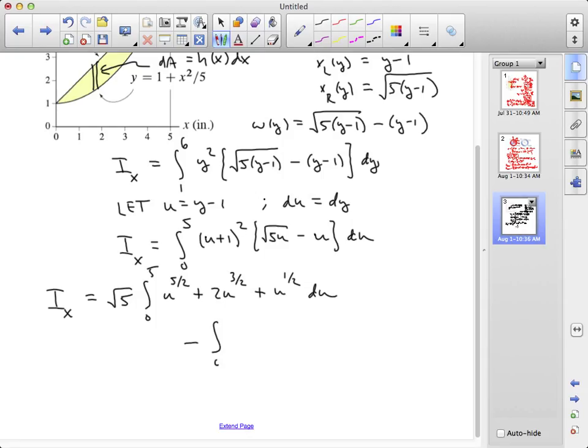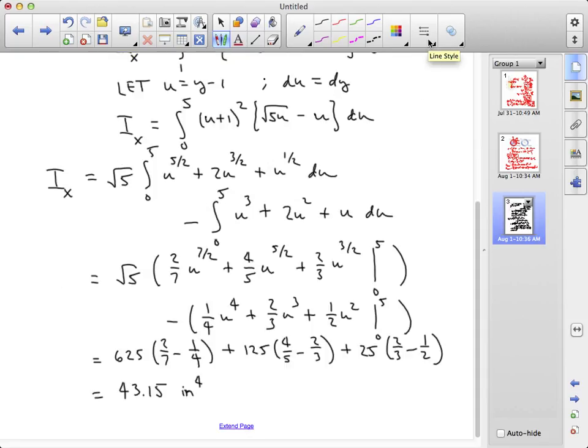And the second one is an integral from 0 to 5 u cubed plus 2u squared plus u du. Integrating, we get the following result.